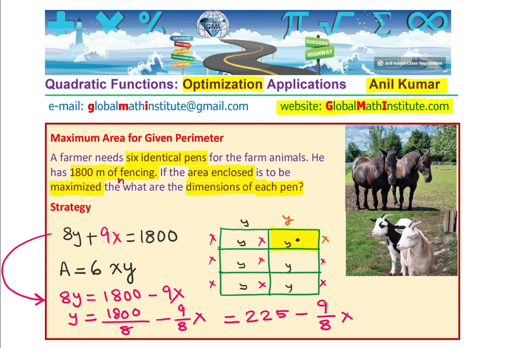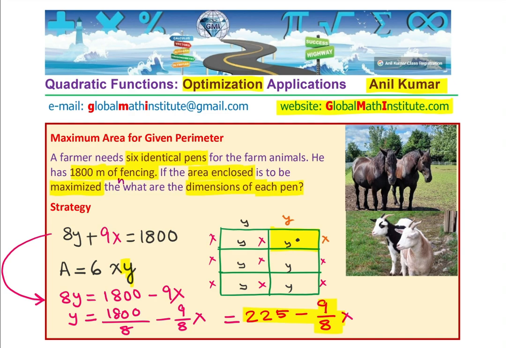Now once you get y in terms of x, you can substitute this value of y in the formula for area, and then you get the area, right? But the question really is not to maximize the whole area. The question is, if the area enclosed is to be maximized, then what are the dimensions of each pen?